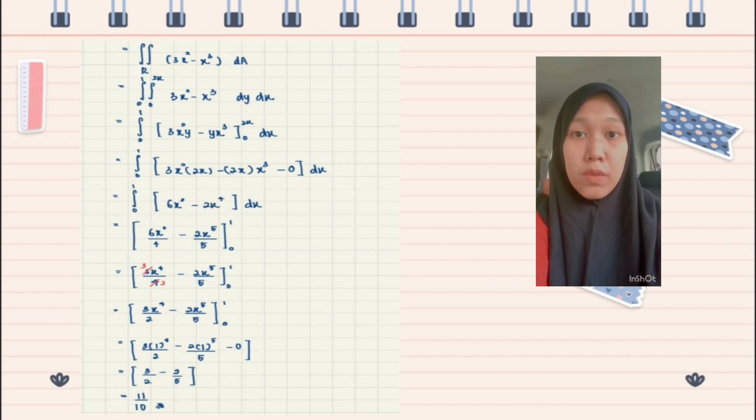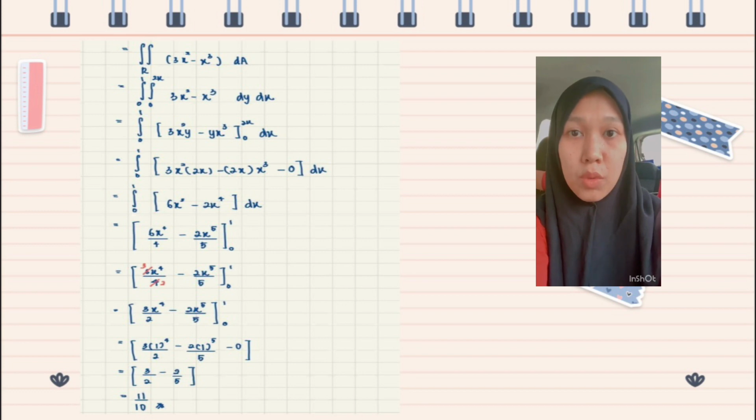We integrate with respect to y, so 3x²y minus x³y dx. We replace the value of y with 2x and 0. So we get 3x² times 2x minus 2x times x³ minus 0.